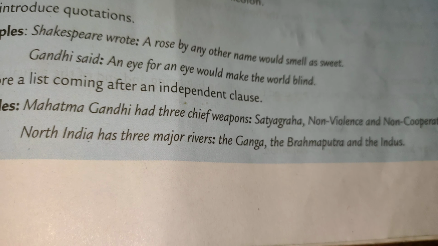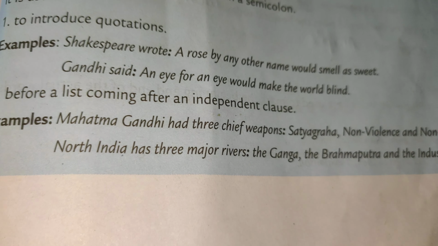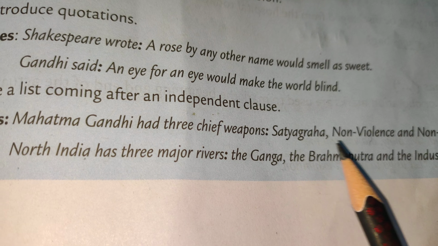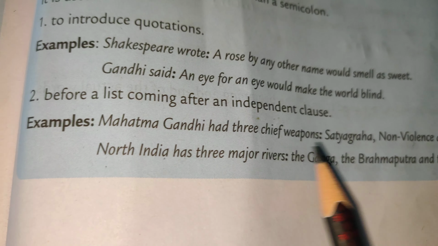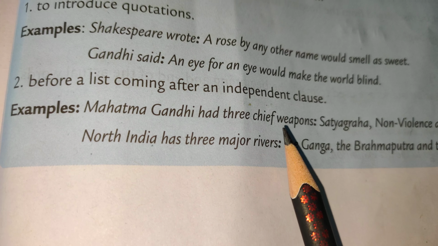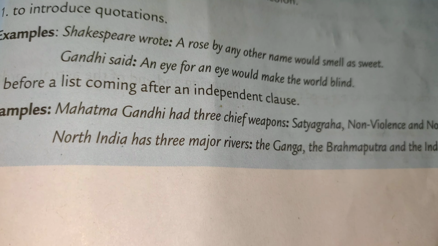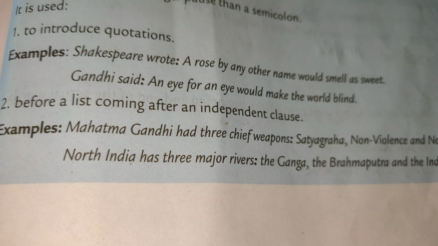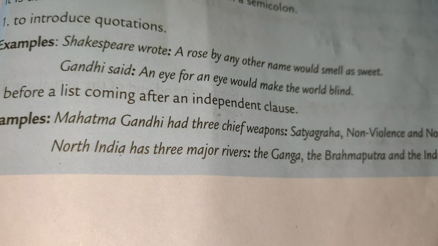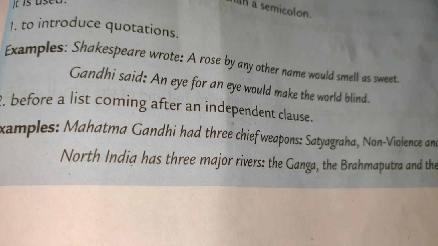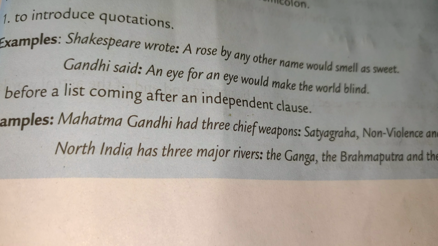But we have used the colon before the list, okay, and this is an independent clause, like Mahatma Gandhi had three chief weapons. This makes complete sense in itself. But after this there is a list, and if we have to separate this list from the rest of the sentence, then we will use the colon.